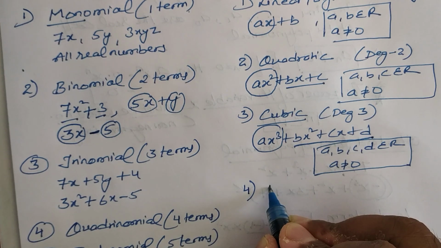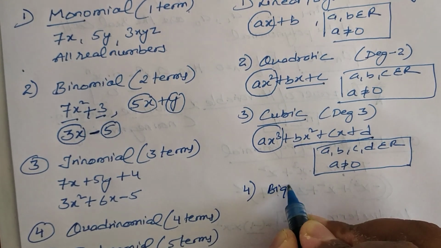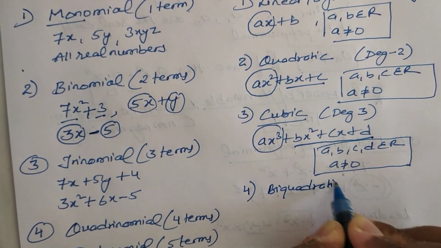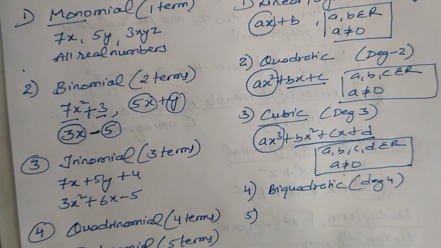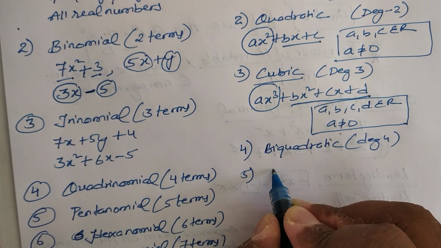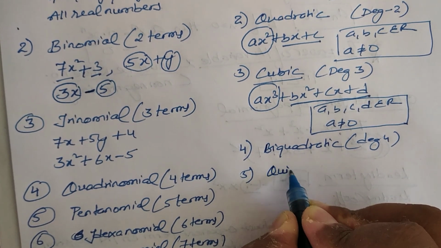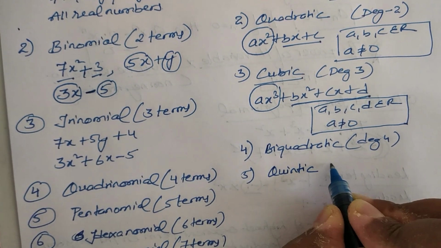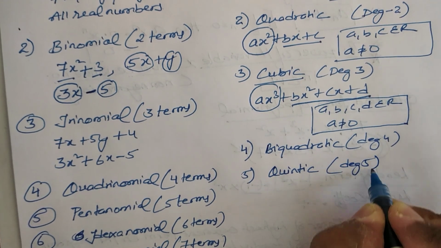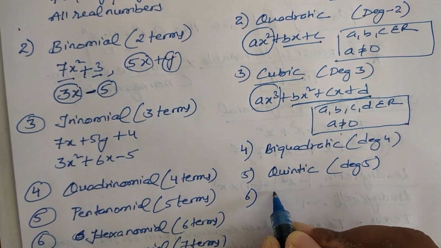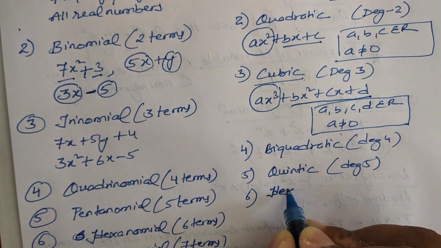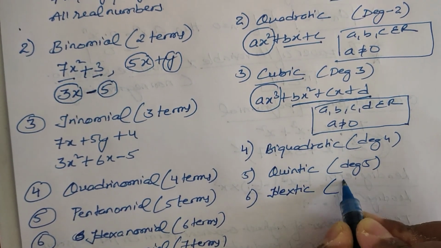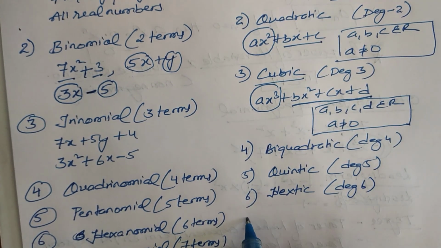And similarly, we have biquadratic polynomial having degree 4. Then we have quintic polynomial having degree 5. Then hextic polynomial having degree 6.